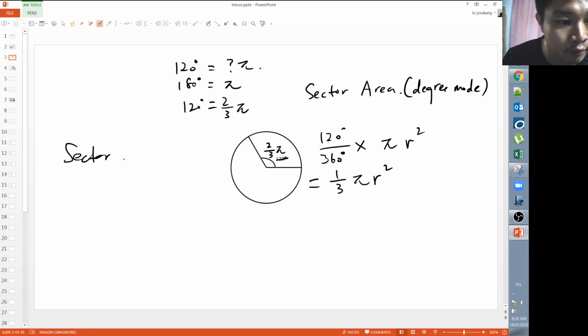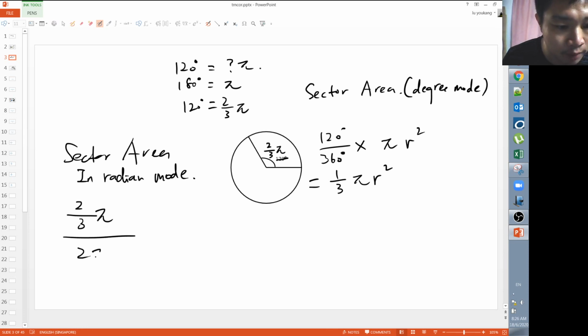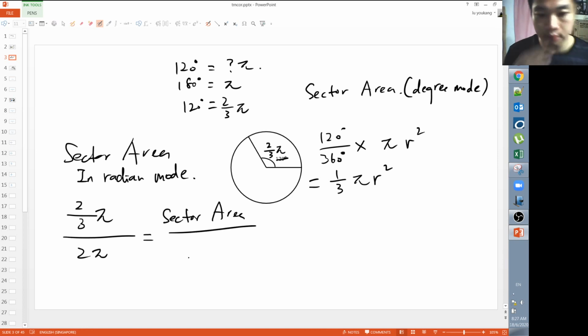So for the sector area, by the way, it's in radian mode, you take the angle in radian mode over 2 pi is equal to the sector area over the area of the entire circle, which is pi r squared.